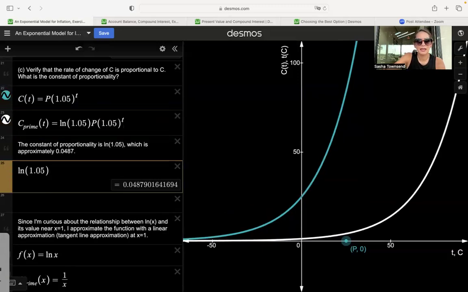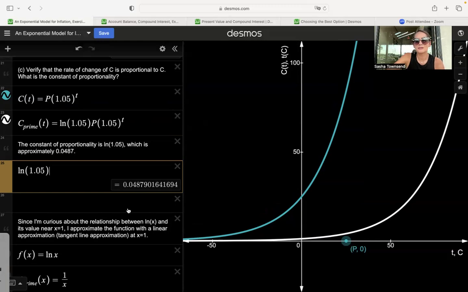Now when I computed the log of 1.05 and noticed that it was very close to 5%, I was curious about the relationship between the natural log of x and its value near x equals 1.